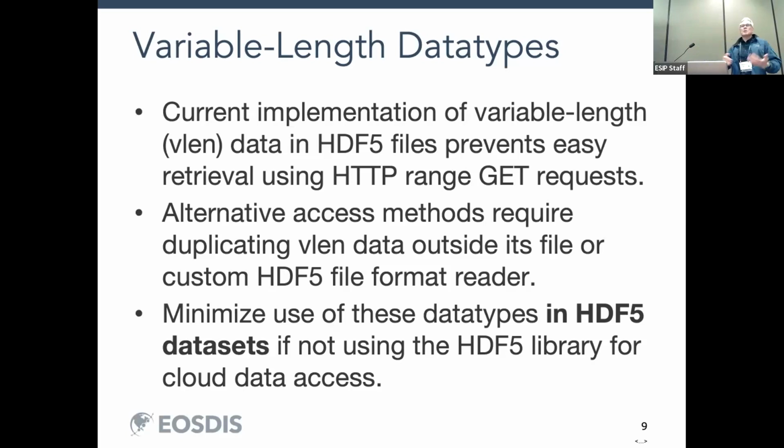There are ways that we may solve this problem, but everything I'm saying right now is what you can do and achieve with the current HDF5 library. I'm not talking about what might be possible in the near or further future. When I'm talking about variable length data types, I'm talking about HDF5 datasets.